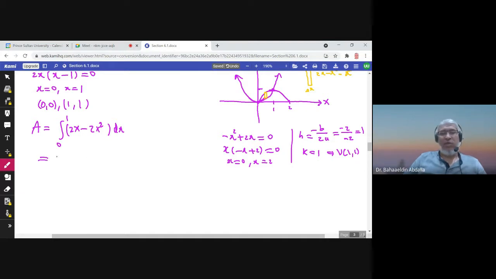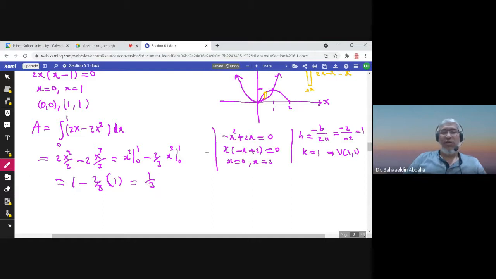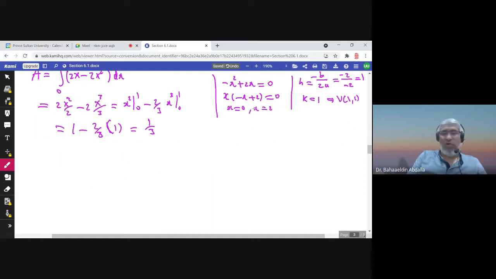Well, this is 2x squared over 2, and this is x cubed over 3. It would be x squared from 0 to 1 minus 2 over 3 x cubed from 0 to 1. So this would be 1 minus 0, which is 1. And this would be 2 over 3 times 1 minus 0. So 1 minus 2 over 3, that's 1 over 3. So the area of this region is 1 over 3.